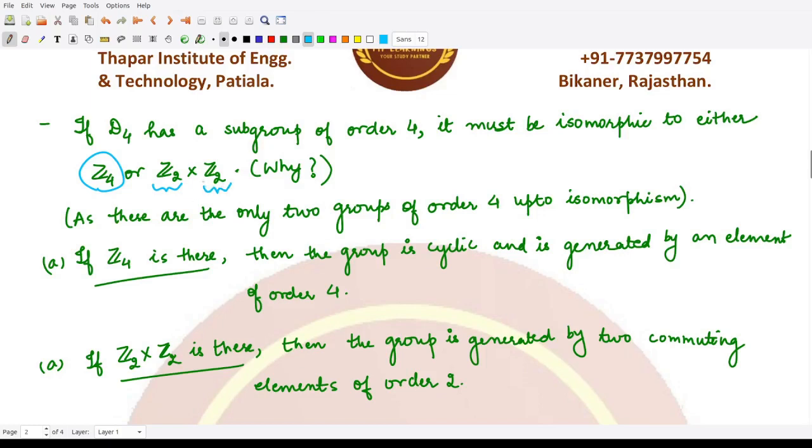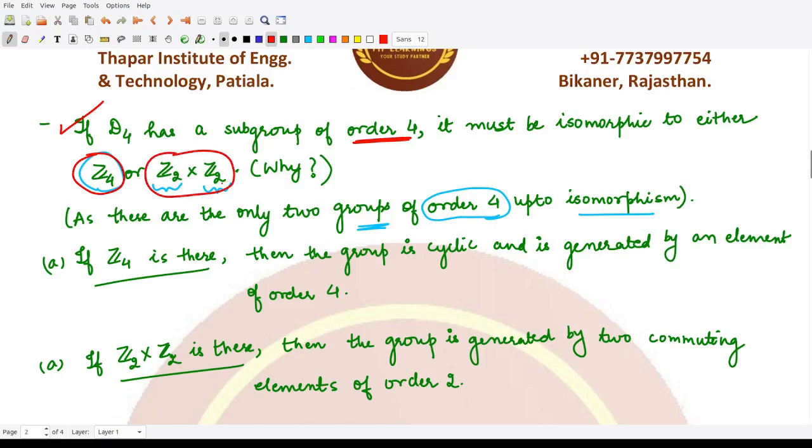This is so because they are the only possible groups of order 4 up to isomorphism, right? So we are interested in this question in the order 4 subgroup. Hence we'll be discussing this case only, where we'll be talking about Z4 and Z2 cross Z2, correct?